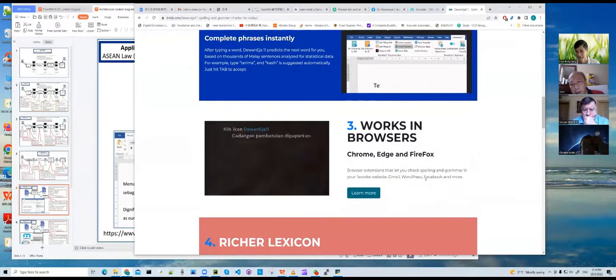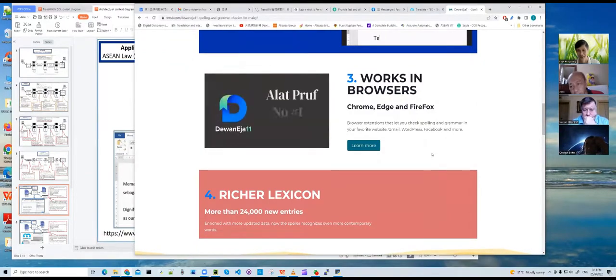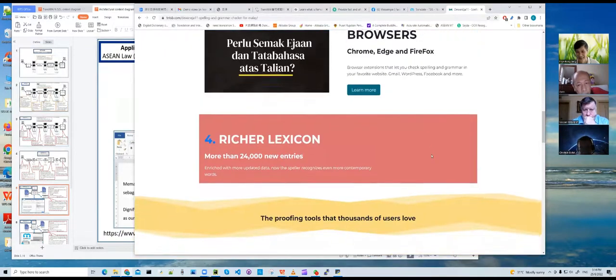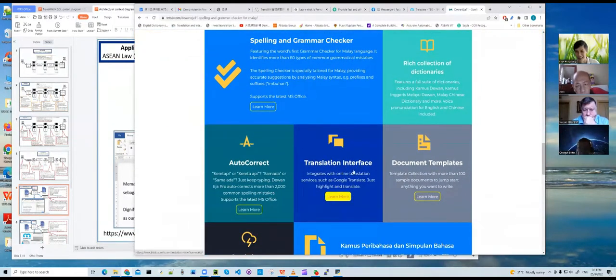And they want to provide the services free? Not really, because they are selling this as a product, and they have many buyers already. Inside here, apart from spell checker, grammar checker, and the smart typing, there's also a translation interface, which is very simple. Who are they? The TNT, the technology company you visited last time near Cyberjaya.